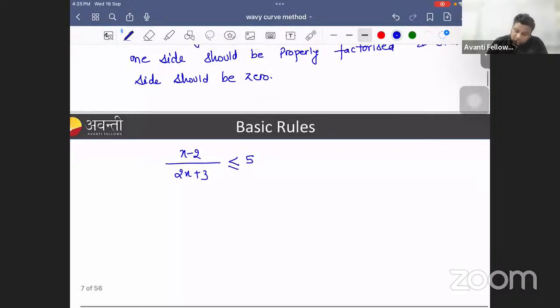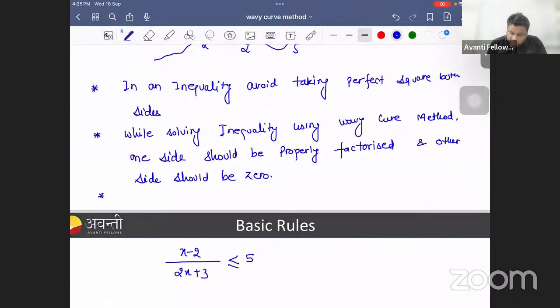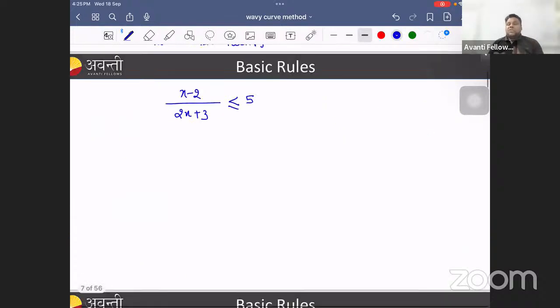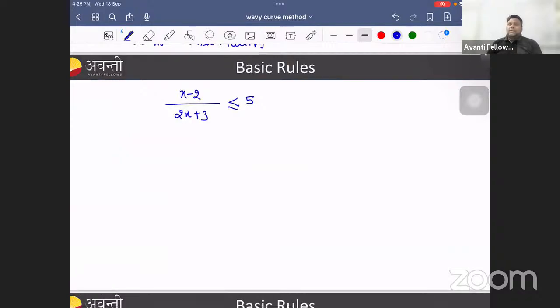Okay, one more rule. Do not cross multiply. Why? Because we do not know if the denominator is positive or negative. So if we are not aware of the denominator's sign, do not cross multiply.